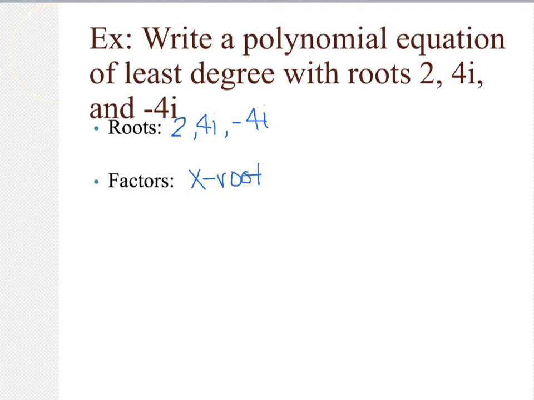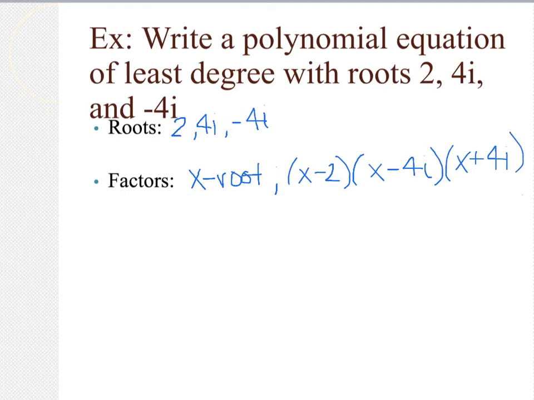So some of our factors for our polynomial equation would be x minus 2, x minus 4i, and since it would be x minus a negative 4i, it would really be x plus 4i. And once again, these i's are our imaginary numbers.